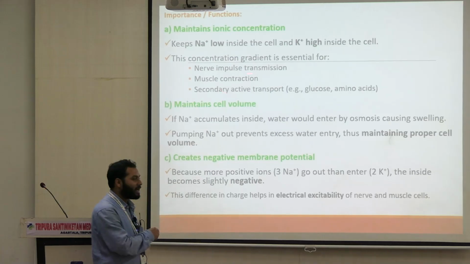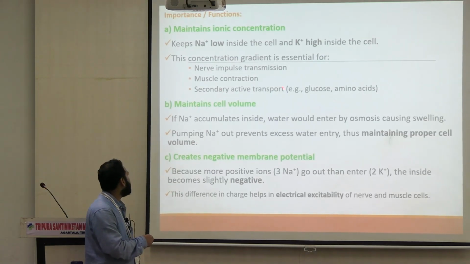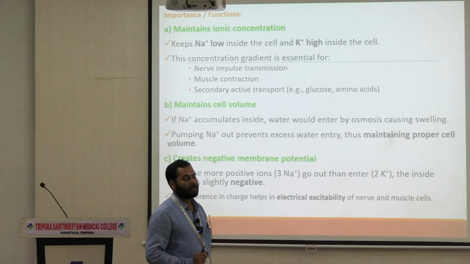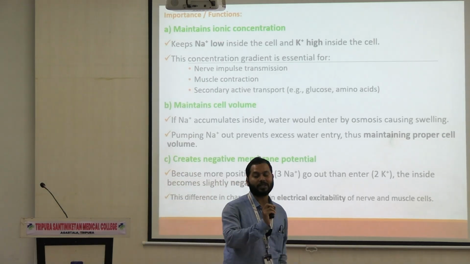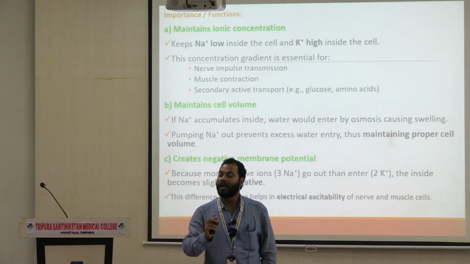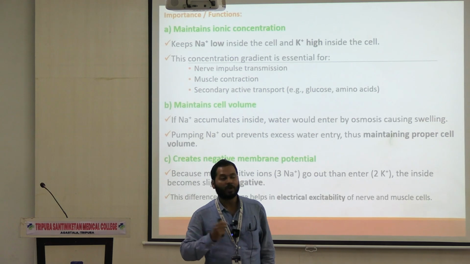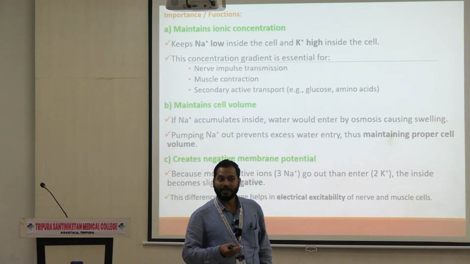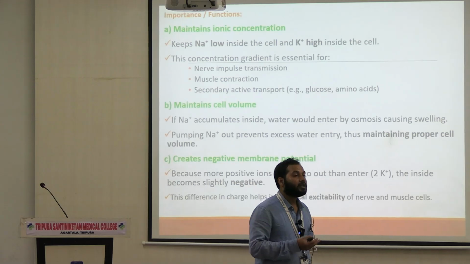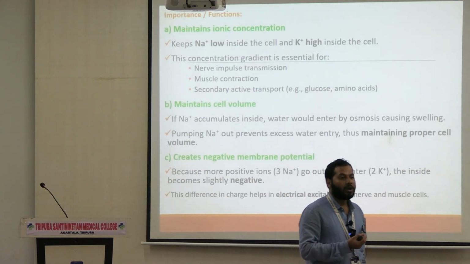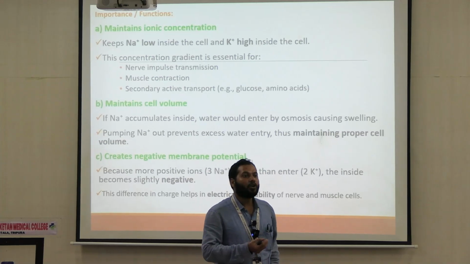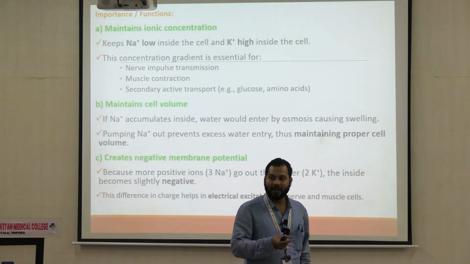It is also involved with muscle contractions, and here this sodium potassium exchange pump is an important source of energy for another type of active transport mechanism called secondary active transport. For example, for the transport of both glucose and amino acids, they are not using energy directly.